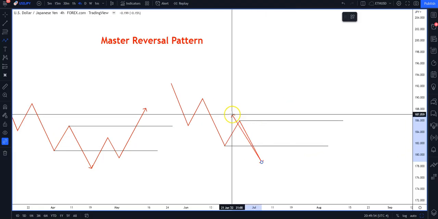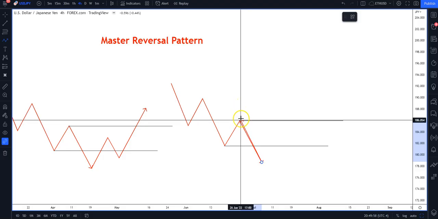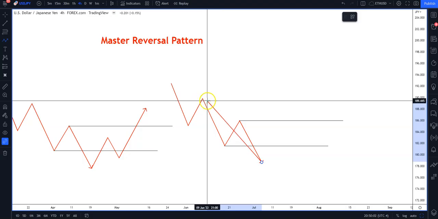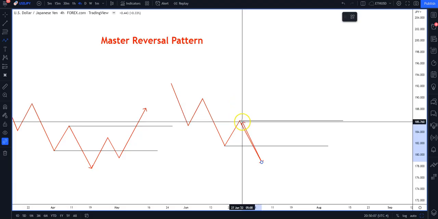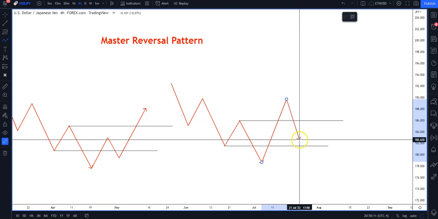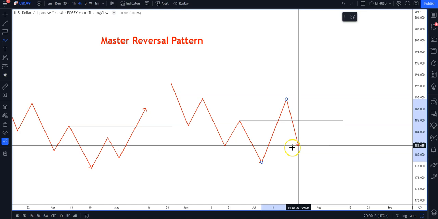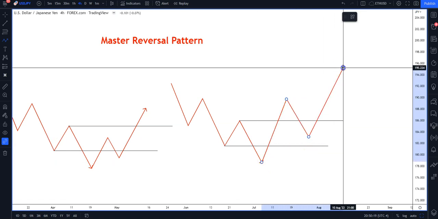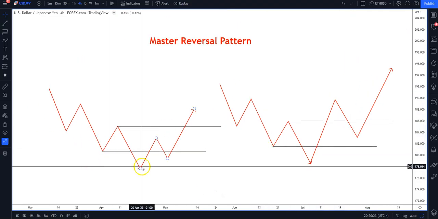Once it breaks the high, that's 100% confirmation it's going to reverse and hit at least the next high. Keep that in mind. Once the high is broken, all you have to do now is wait for that retracement and that low to be created, not breaking the previous low, and run it up.